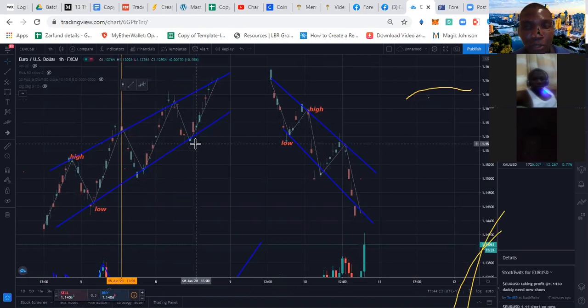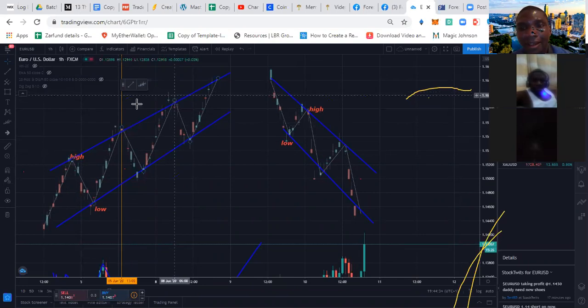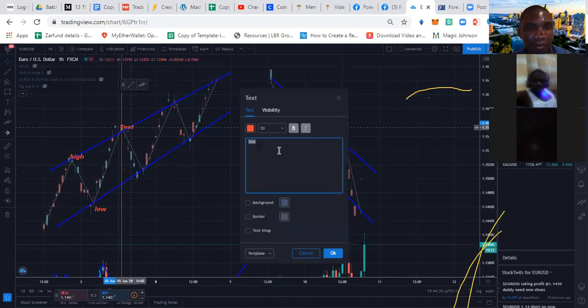All right? So in an uptrend, you have a series of higher highs. This is a high, then you have a higher high. Then you have another higher high.